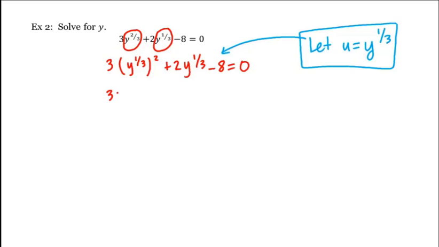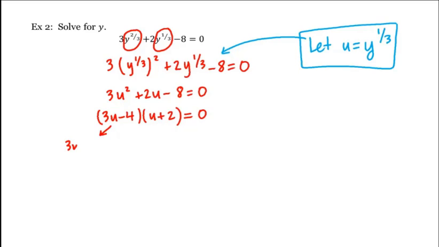And this gives us 3u squared plus 2u minus 8 is equal to 0. And again, we have a quadratic equation, which we can solve by factoring. So the left-hand side factors into 3u minus 4 times u plus 2. So we have a product of factors equal to 0.